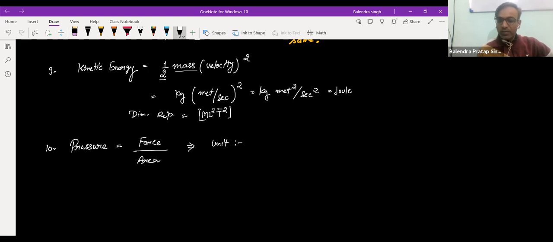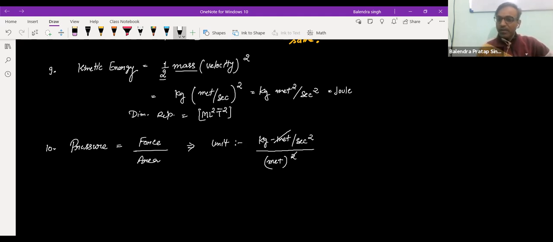The unit of force is kilogram meter per second square, and the unit of area is meter square. Here you can see that this meter and this meter cancel out.